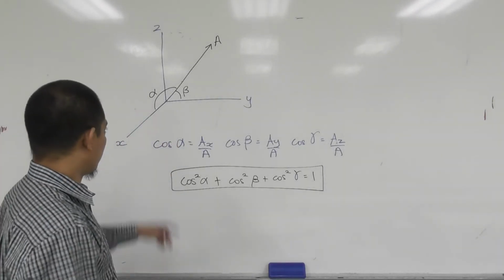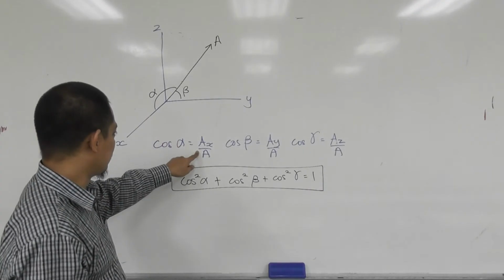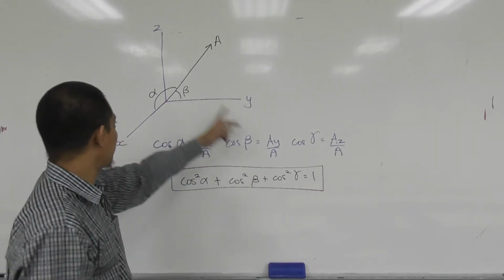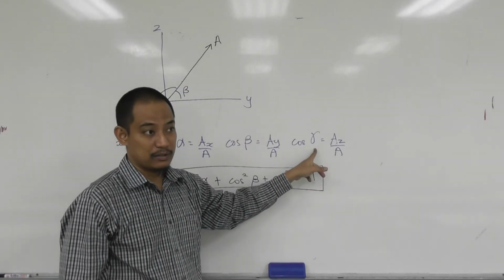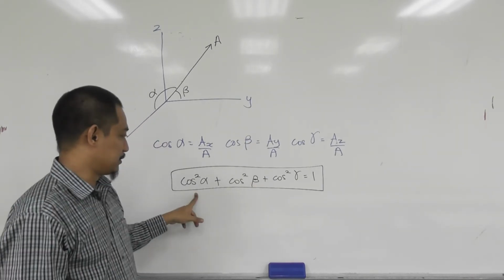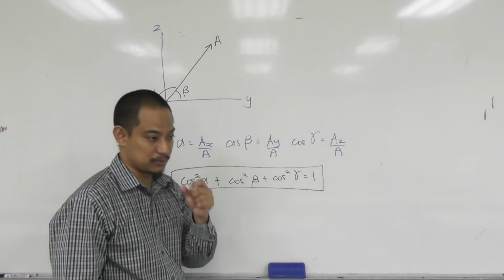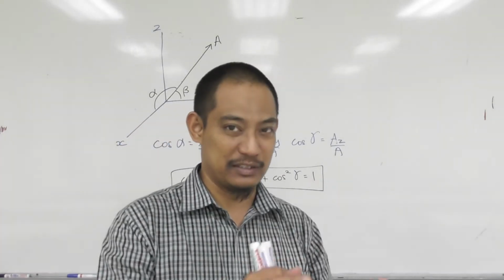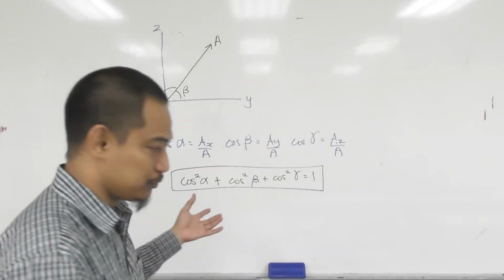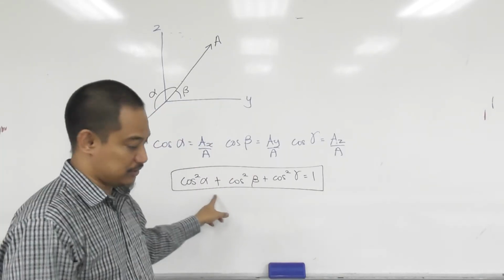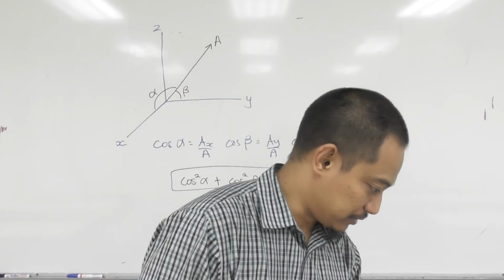Alpha given, I can calculate this one. Beta given, I can calculate this one. But gamma is not given. How can I calculate this one? Well, you have this equation here. So if you know 1, 2, this one you can calculate, right? Sometimes the question is sneaky like that. So make sure you can access all of these equations in the back of your head.